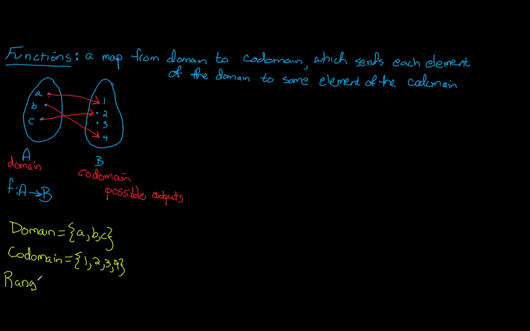So the elements that I actually hit over here in my target space are just the 1, the 2, and the 4. 3 was a possibility, but I never hit it. So my range is just 1, 2, and 4.